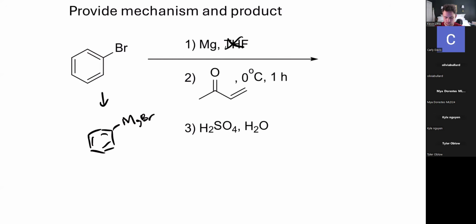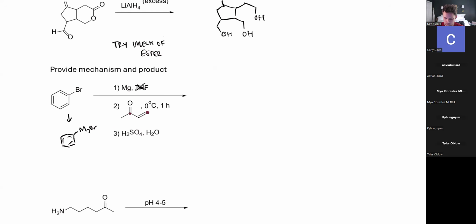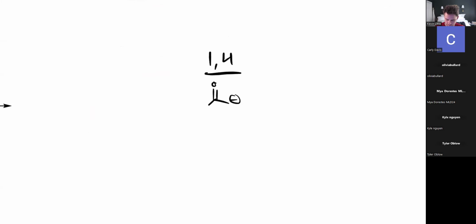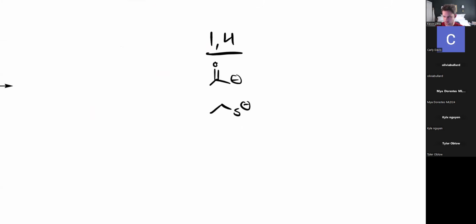And then I've got this carbonyl. I've got to be careful. This is called an alpha beta unsaturated, meaning that there's a double bond right next to the carbonyl. And when that's the case, there's two potential places I can add into. I can either add here or I can add here. I know with a Grignard, it's not one of the three. So when I'm thinking about 1,4 additions, really the big picture ones are enolates, things with sulfur, bigger nucleophiles, or cuprates.